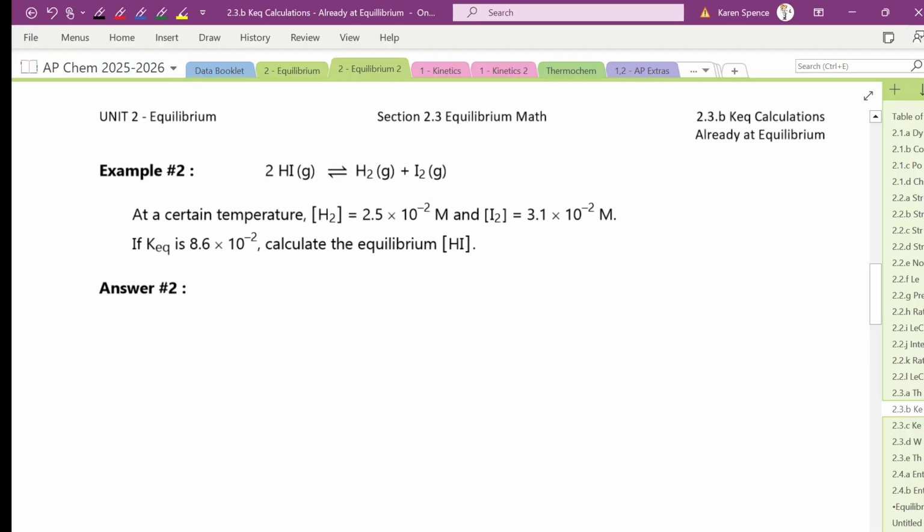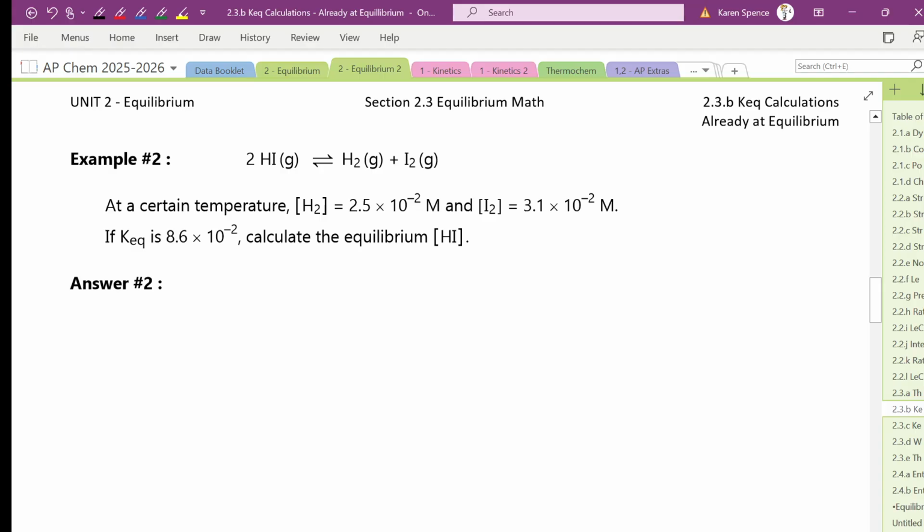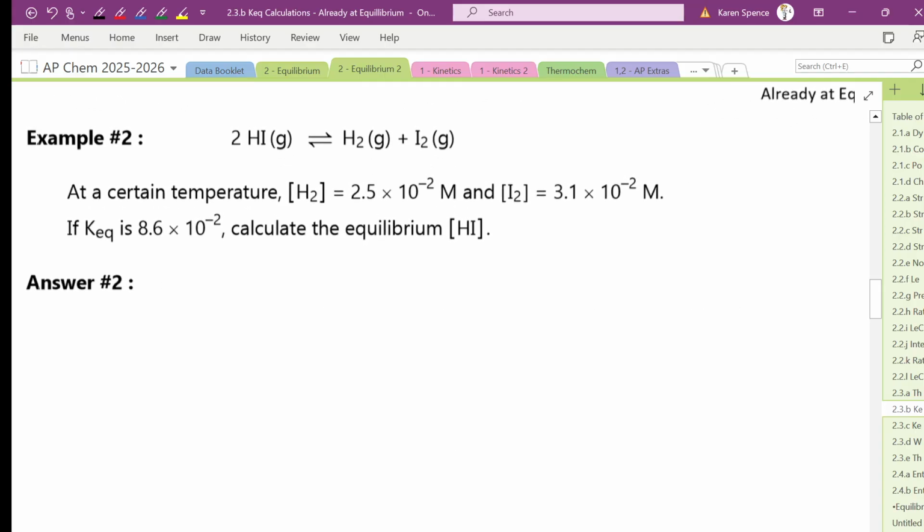Let us now take a look at a situation where instead of solving for KEQ, we are given a concentration of H2. We are given a concentration of I2.